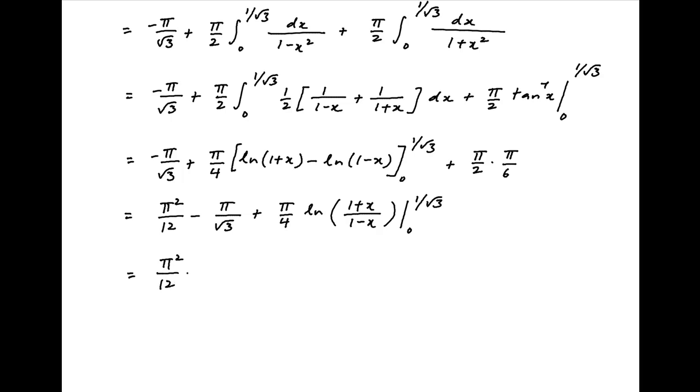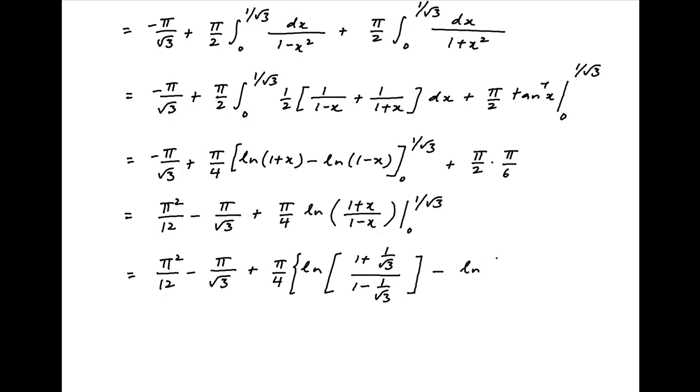This is equal to pi square upon 12 minus pi upon root 3 plus pi upon 4 times ln of 1 plus 1 upon root 3 divided by 1 minus 1 upon root 3 minus ln of 1 upon 1. Now ln of 1 is equal to 0 and ln of 1 plus 1 upon root 3 divided by 1 minus 1 upon root 3 simplifies to ln of root 3 plus 1 divided by root 3 minus 1.